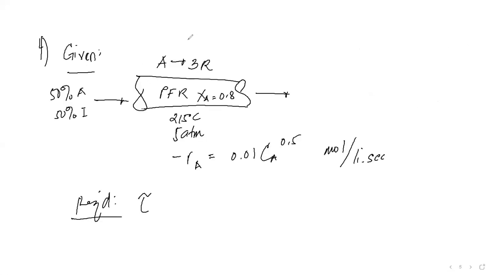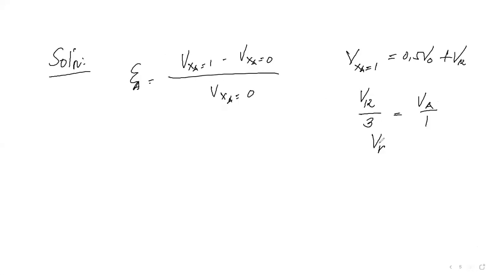It's taken from here: 3 for R and 1 for A for their coefficients. Then the volume due to the formation of product R divided by 3 is equal to, for A, only 0.5 V sub O, because the other 0.5 is the inert, so it's not to be accounted for here. So then we have V sub R equal to 1.5 V sub O.